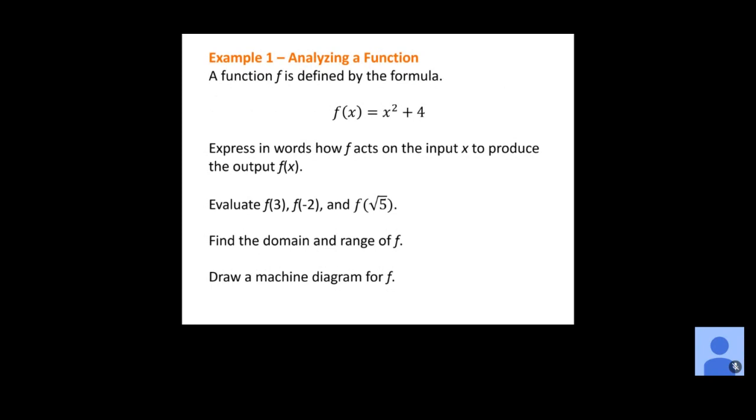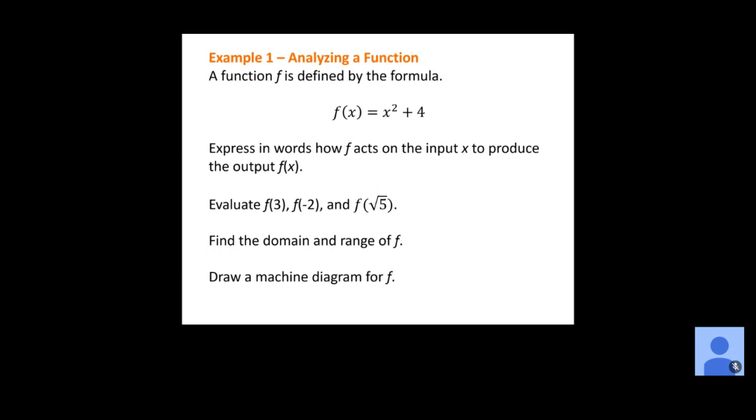All right, so we have a function here defined by the formula f of x is equal to x squared plus 4. The first thing it asks us to do is express in words how f acts on the input x value to produce the output, which is the f of x value. If we think about our order of operations, PEMDAS, parentheses, exponents, multiplication, division, addition, subtraction, the first thing that's going to happen to our x value is that exponent.